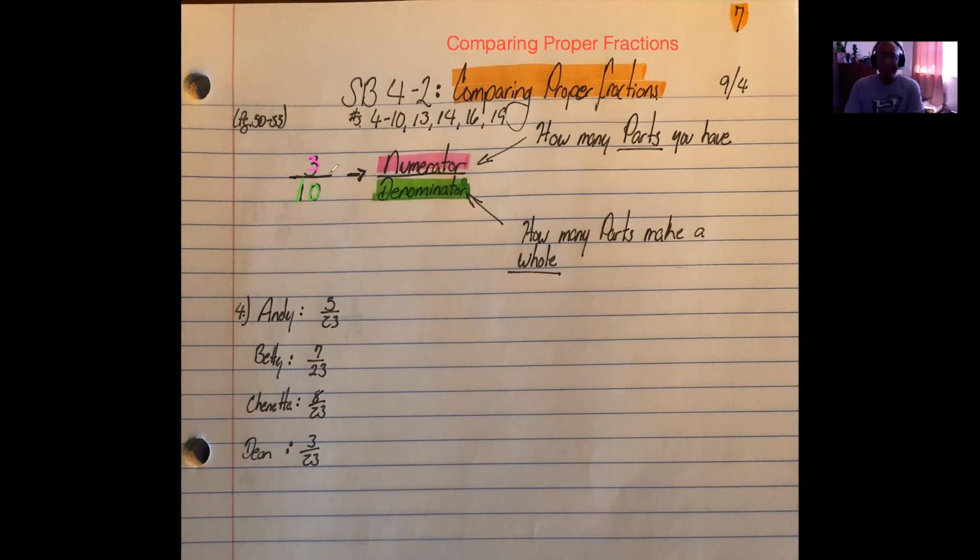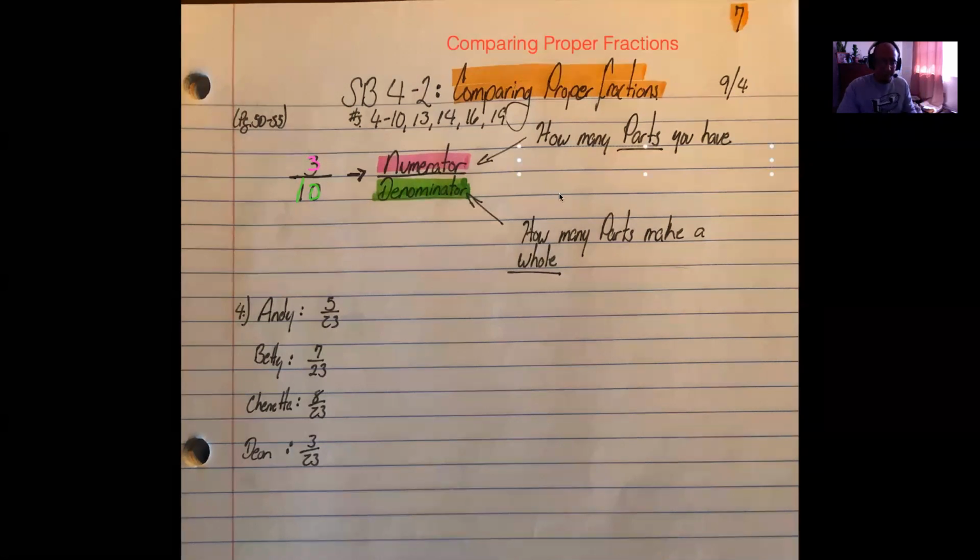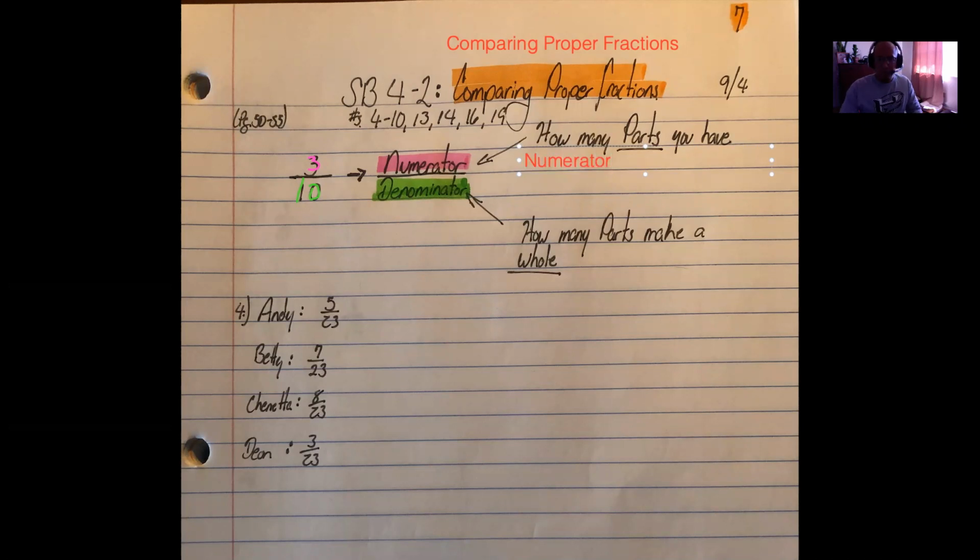So 3/10. We must know that the top number is known as the numerator, and the bottom number is known as the denominator.